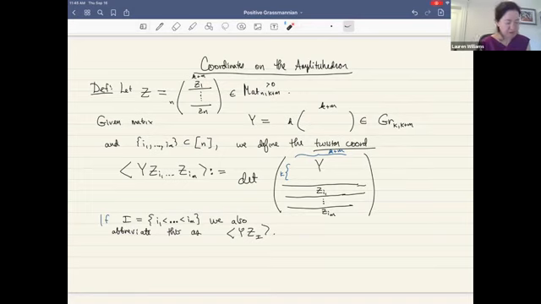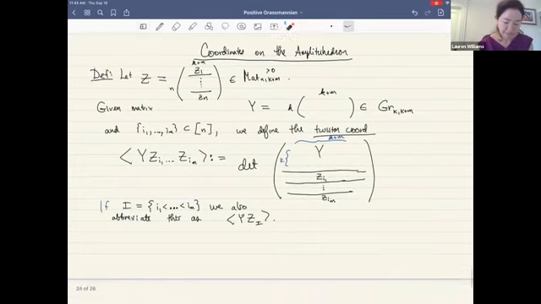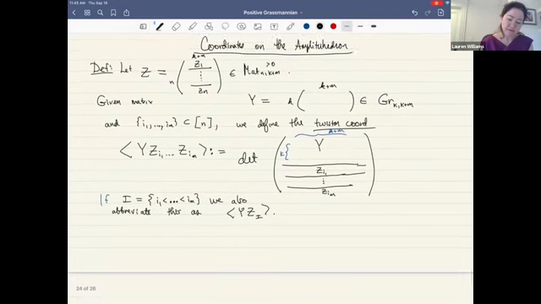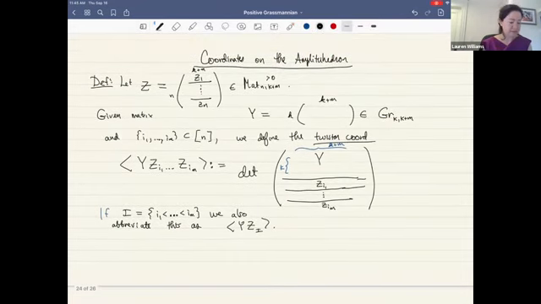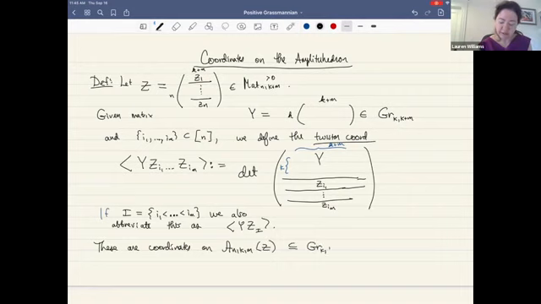I believe these first appeared in a paper of Arkani-Hamed, Hugh Thomas, and Trnka. These are coordinates on the original amplituhedron, which is a subset of k-planes in k+m space.